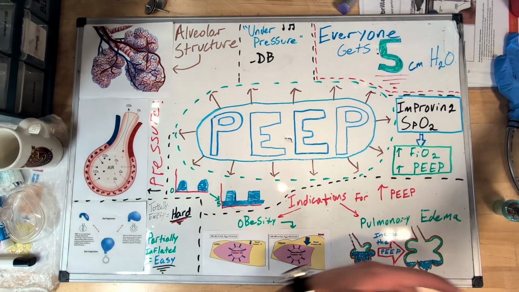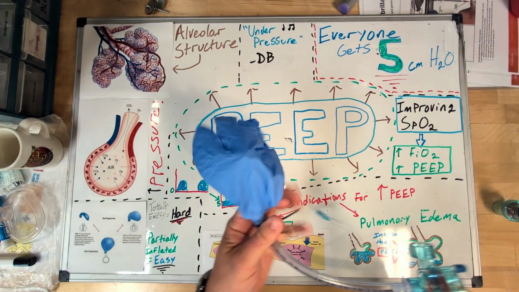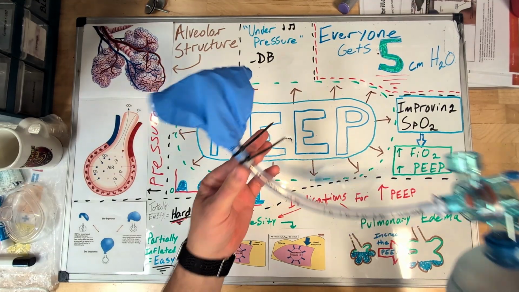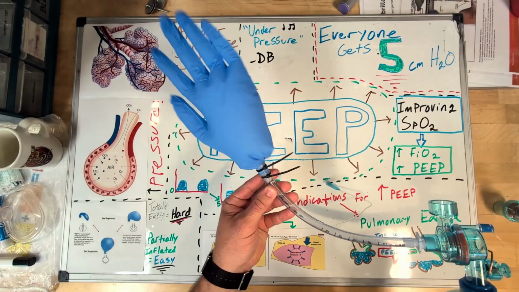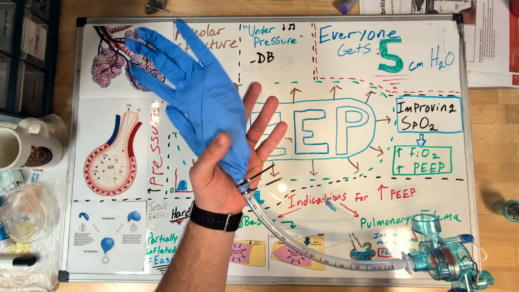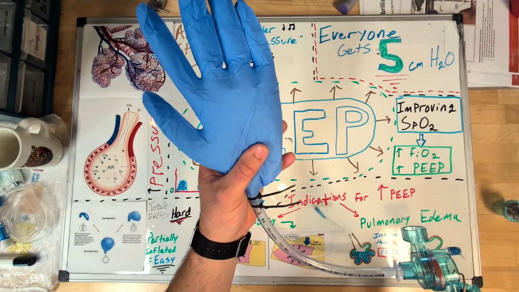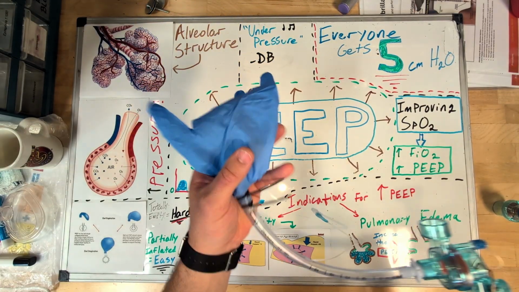So what does that actually look like? This is your lung, okay? This is your lung on 0 PEEP. I inflate and I deflate. All right, and my fingers collapse. I inflate and I deflate. Okay, that's atelectasis.